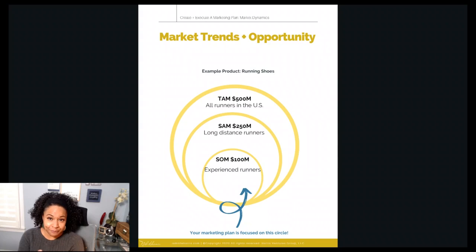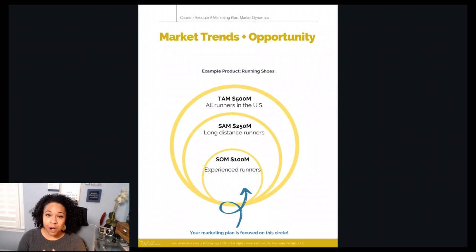You've decided on what your ideal target market is. Well, let's say when you narrow that down, it's 100 million. So that is what your marketing plan is focused on. That's your piece of the pie. And you want to grow your piece of the pie. You want to get as much of that 100 million as possible. That's what your marketing plan is going to be focused on.